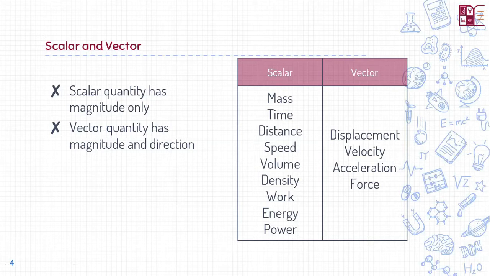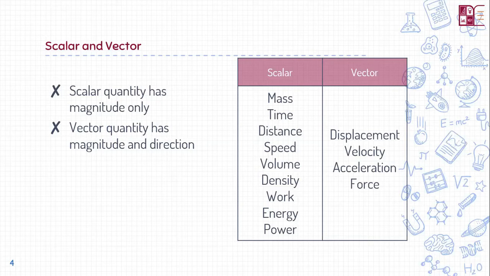Let's say, for example, distance. Distance is a scalar quantity since it has got no direction to it. But if you apply a direction to it and make it displacement, now displacement is the same quantity but only in a specific direction. So that becomes a vector quantity.